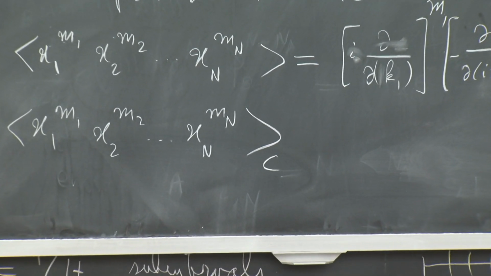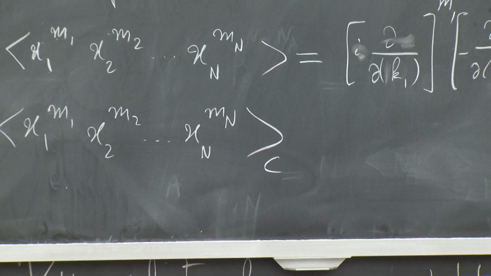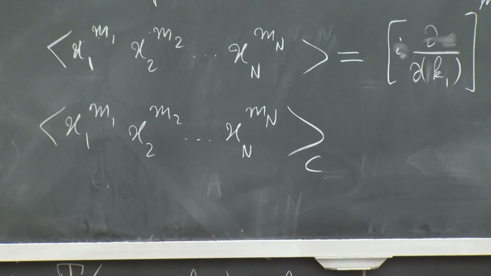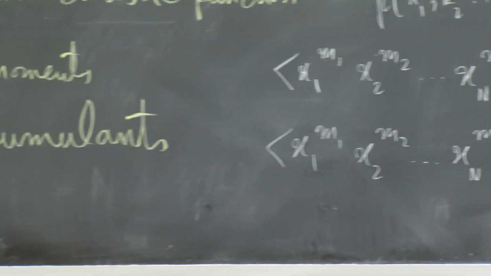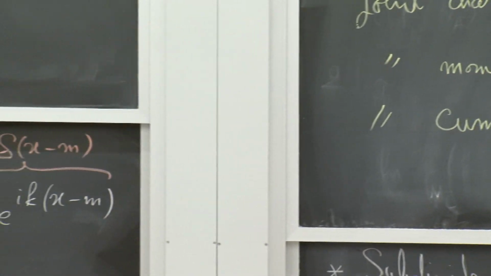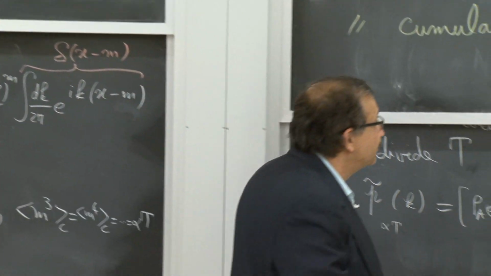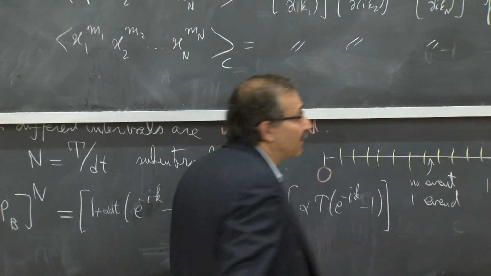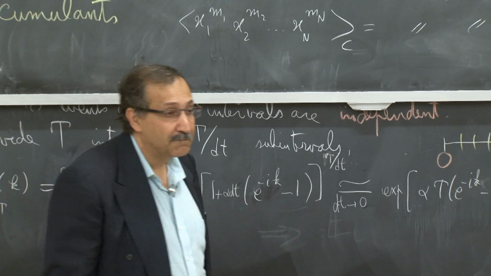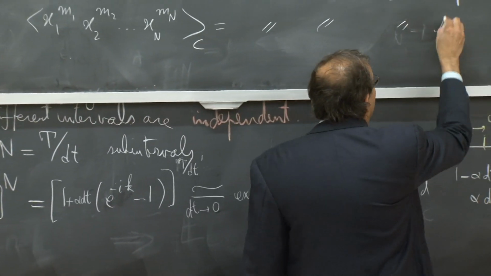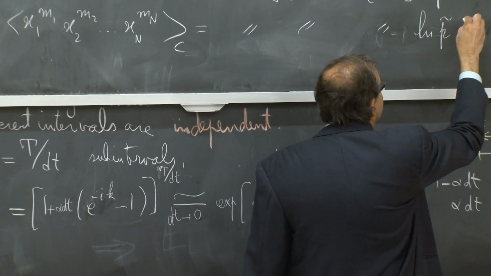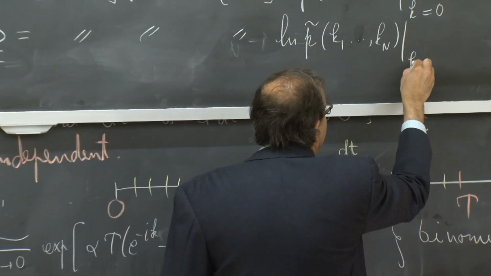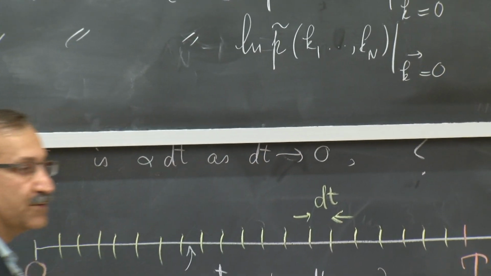But what operationally happened was that we did the expansion rather than for the characteristic function, for the log of the characteristic function. So all I need to do is to do precisely this set of derivatives applied rather than to the joint characteristic function to the log of the joint characteristic function. And at the end, set all of the k's to 0.